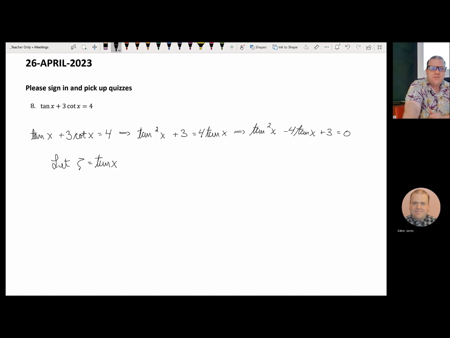So change a variable. So it's quadratic.